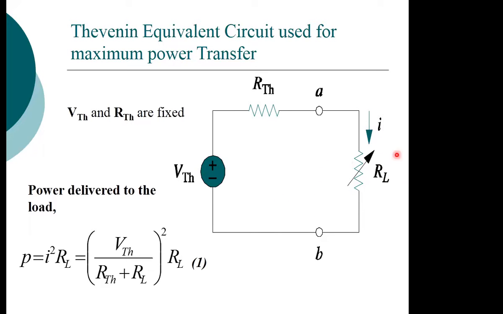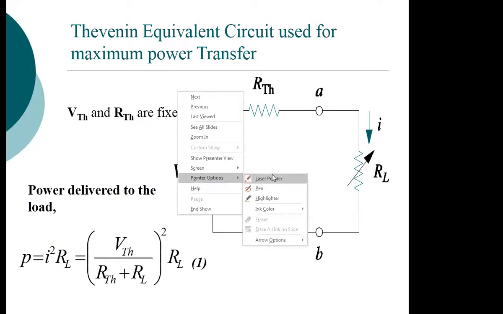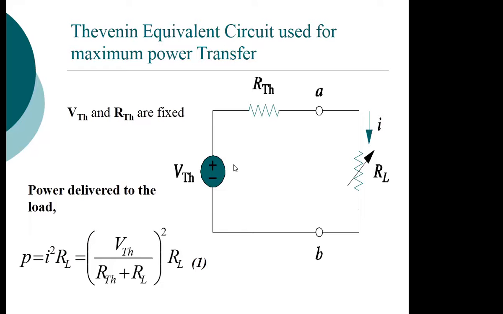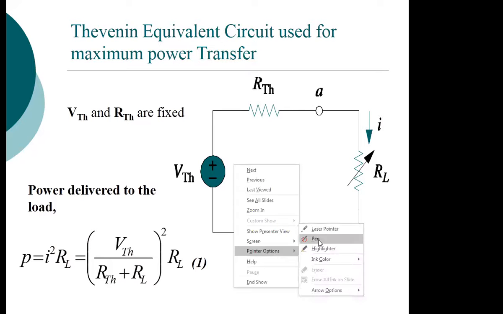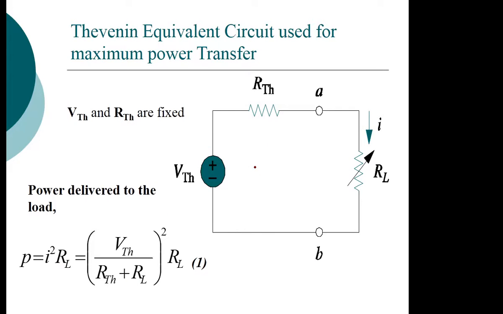Now the power delivered to the load is equal to I squared RL, where I is the current and RL is the value of the resistance of the load. And if you were to evaluate I in this situation, you realize that the value of I is equal to V Thevenin over the sum of R Thevenin and RL.